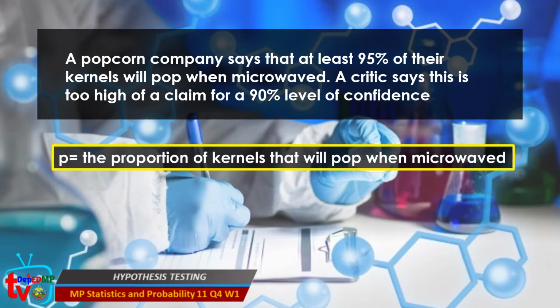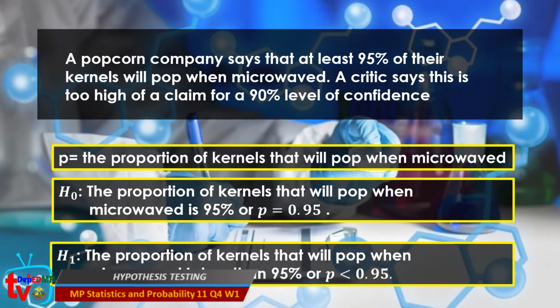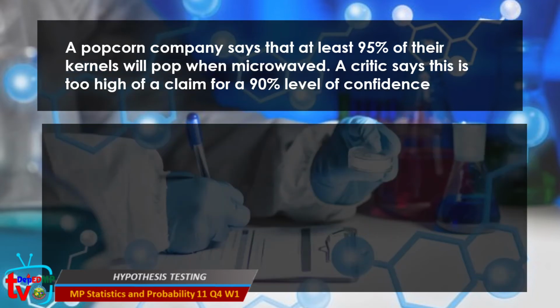So the parameter is the proportion of kernels that will pop when microwaved. And the null hypothesis is the proportion of kernels that will pop when microwaved is 95%, or p is equal to 0.95. And the alternative hypothesis is the proportion of kernels that will pop when microwaved is less than 95%, or p is less than 0.95.